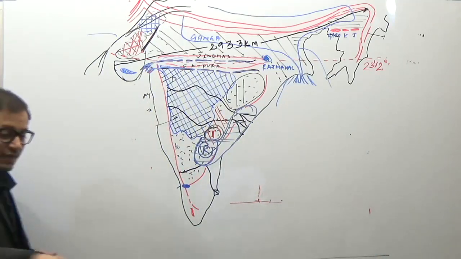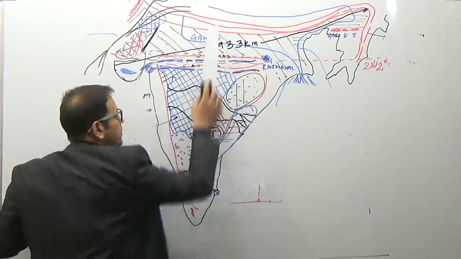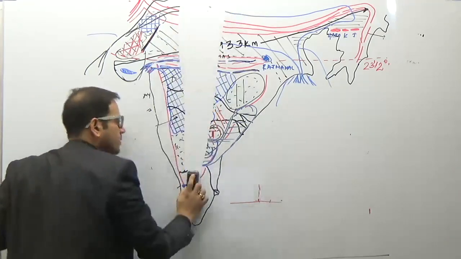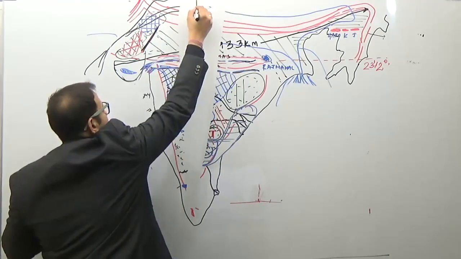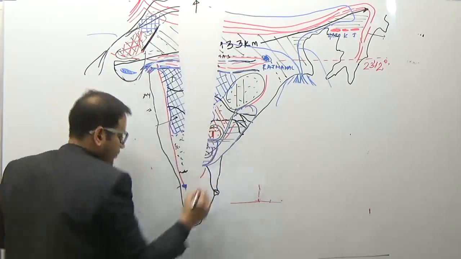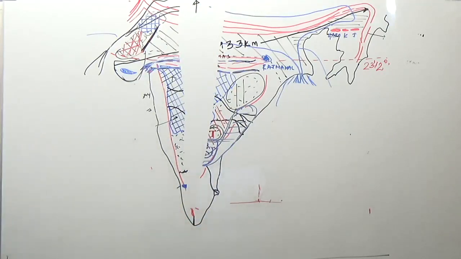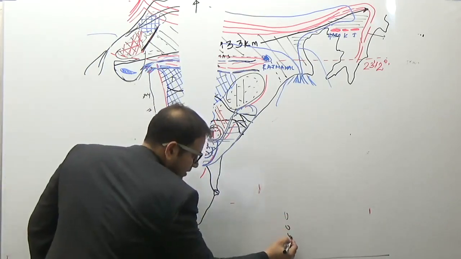The dimension of India, I will just rub this central part so that you have an idea. The northern part of India, the India lies between, so we can say, these are the Andaman Nicobar, the southernmost part.